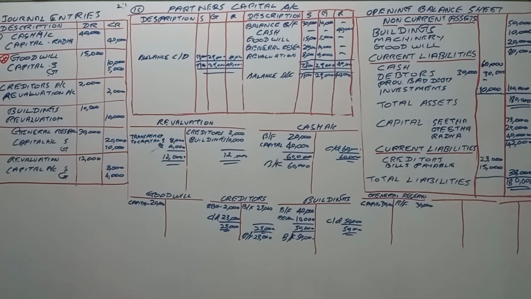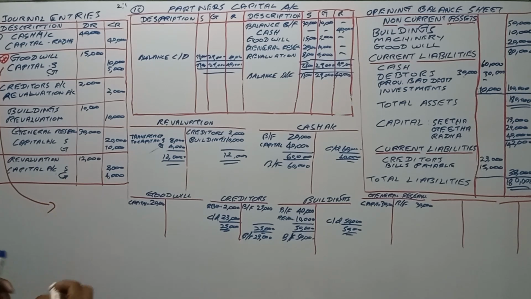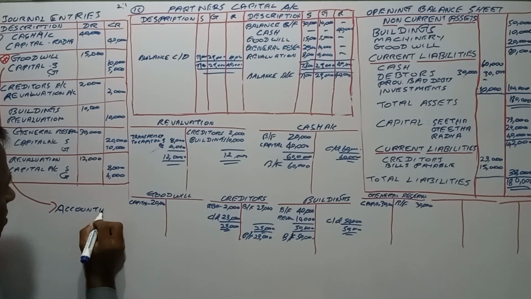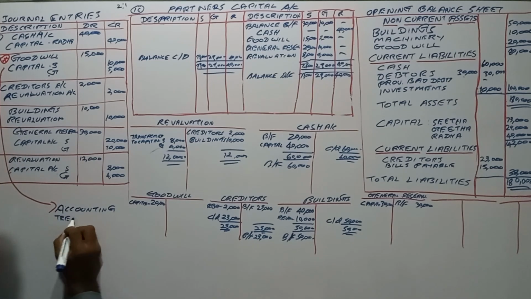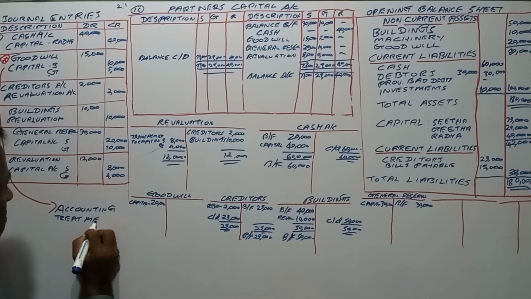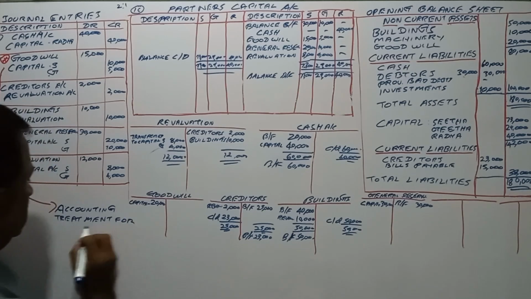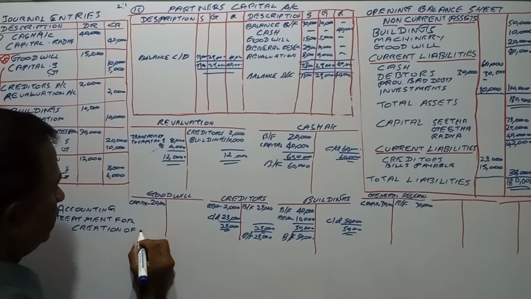This is the double entry for creation of goodwill, the accounting treatment for creation of goodwill.